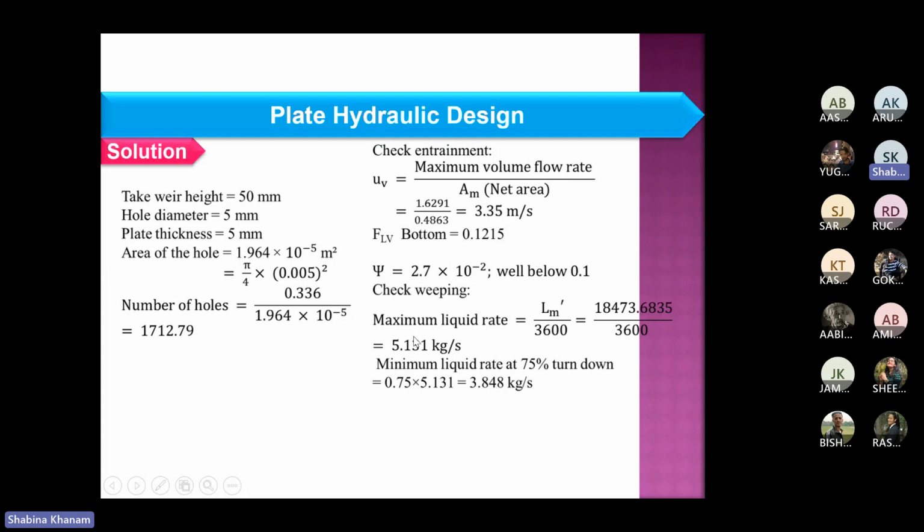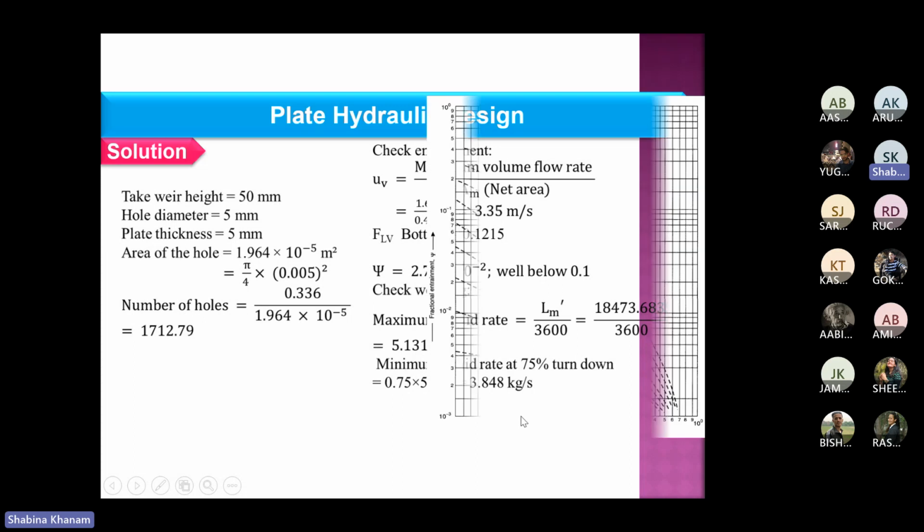Further, we need to check the weeping condition. And for that, you need to consider the maximum liquid flow rate at bottom, which is this. Okay, so this mass flow rate you can find, and maximum liquid rate at 75 turndown. So sorry, minimum liquid rate is 0.75 of this, so that is coming like 3.848 kg per second.